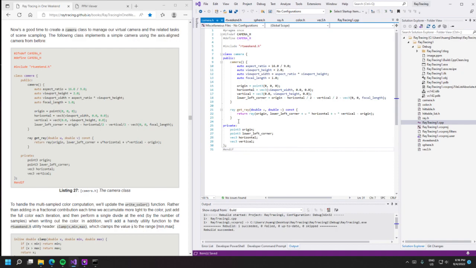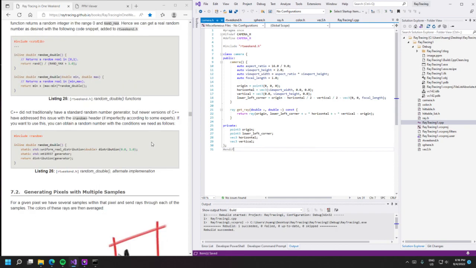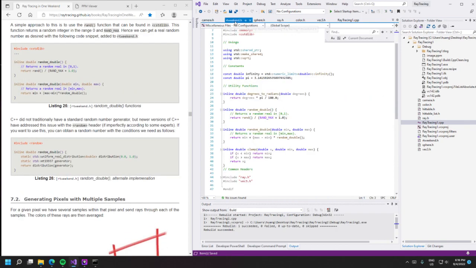I'm just checking if there's something that I did wrong. I don't feel like that. Lower left corner plus U times 3, yes. Origin, yes. RT weekend, the random double.